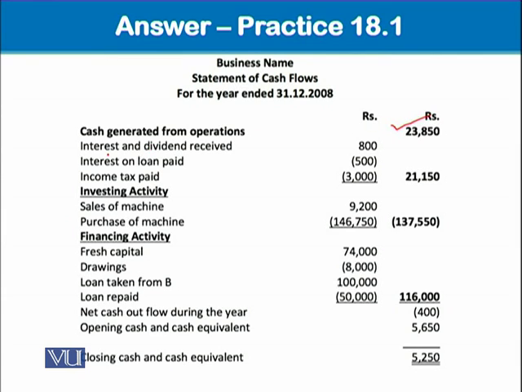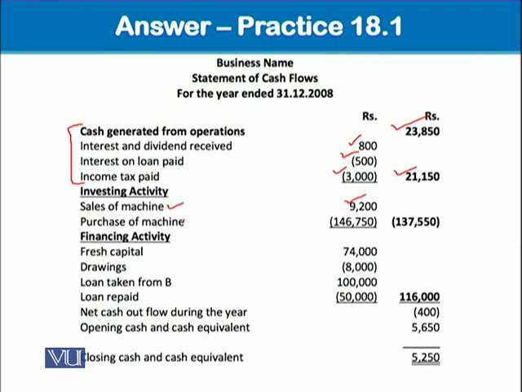And then interest and dividend received, it was appearing in the receipt side. Interest on loan paid, it was appearing in the payment side. And income tax paid. So altogether, cash generated from operation, interest and dividend received, interest on loan paid, and income tax paid. These are the 4 items which will give us a figure of operating activity. Now comes investing activities. In this investing activity, we have sales of machine as collection.